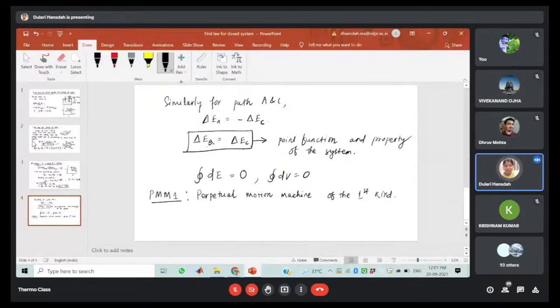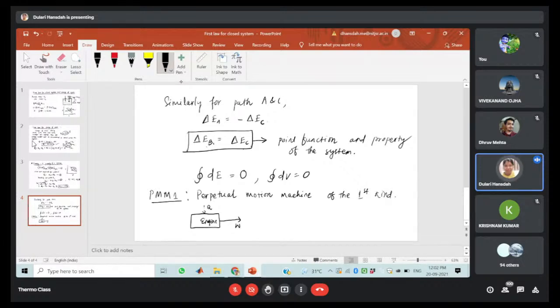So that means, suppose it is an engine which is giving you the work output without any energy transfer, without any heat input. Suppose we are considering any machine which will give you the continuous supply of mechanical work without other form of energy entering the system or leaving from the system.